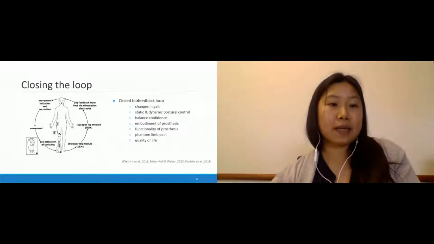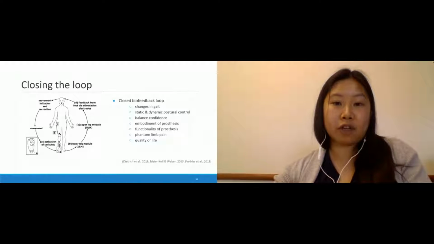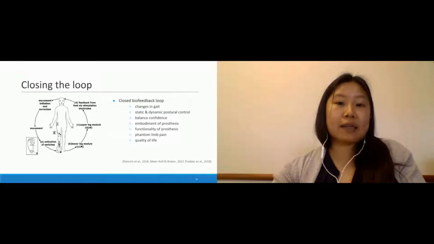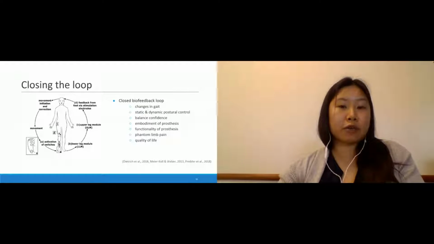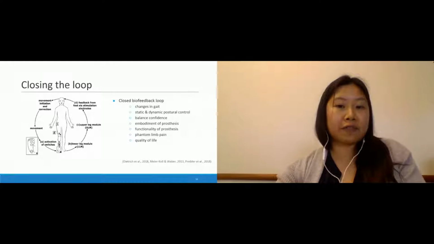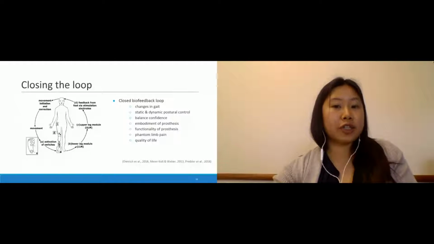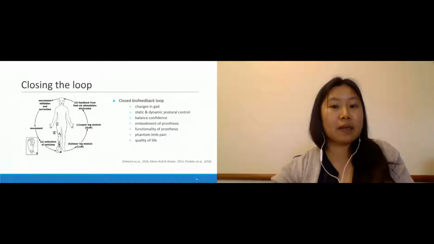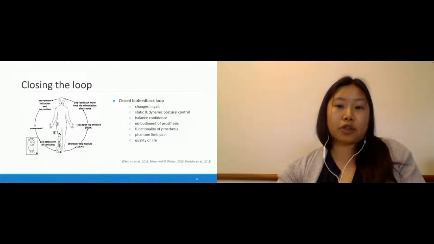There have been some studies in Europe that have looked at this type of neuroprosthesis in the past, and they have shown that by recreating this closed biofeedback loop, we're able to effectively cause changes in an individual's gait parameters and gait speed, static and dynamic postural control.